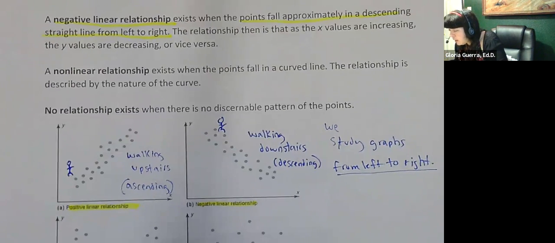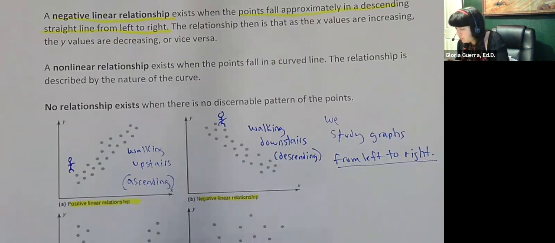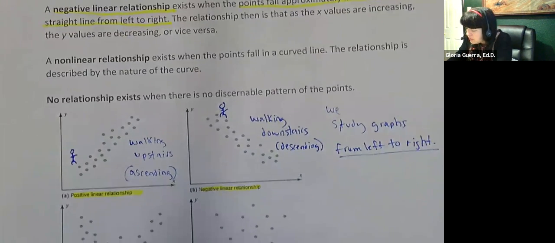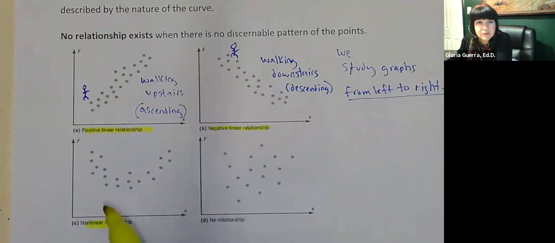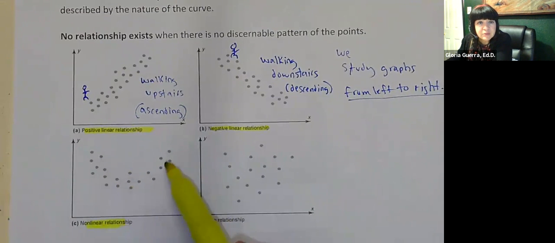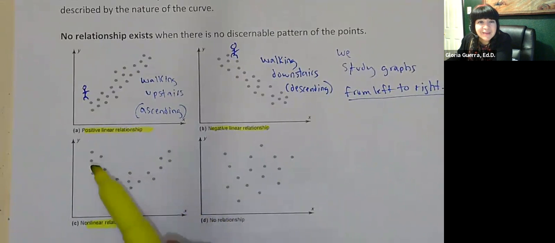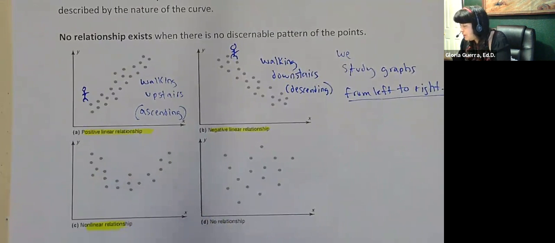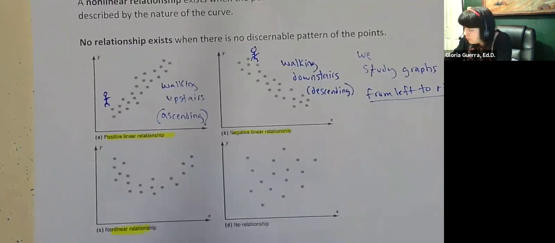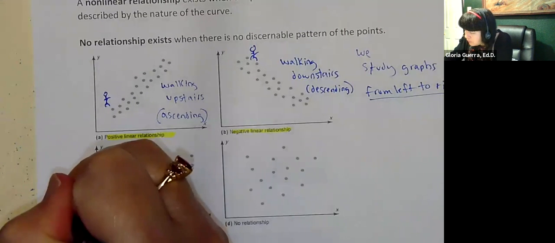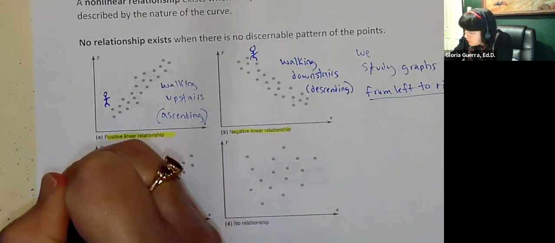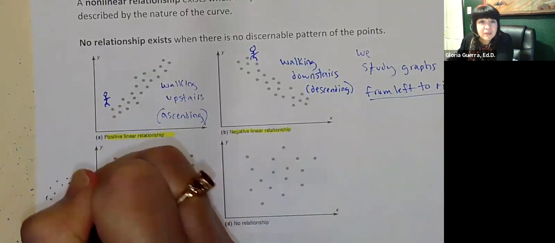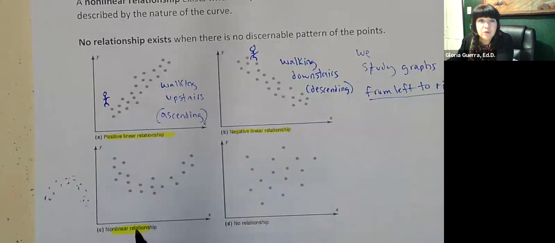Okay, then they have something called a non-linear relationship, and that looks like what's happening here. This is rare. This looks like a smile, right? A smiling face here. Or sometimes it can also be like a rainbow. So there is some kind of relationship, but it's non-linear.